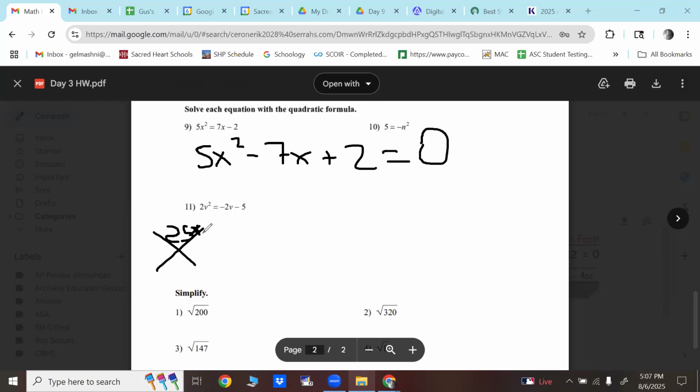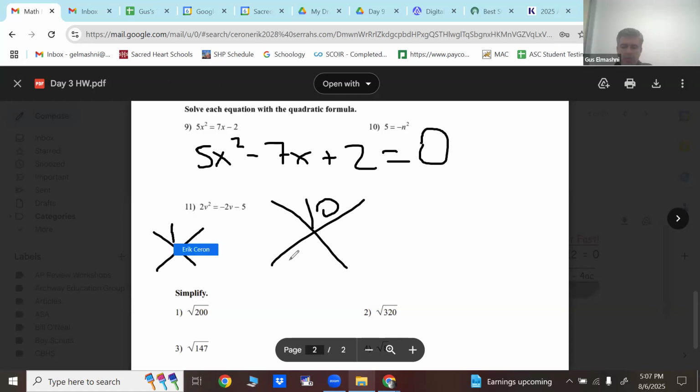Does that work? You want to put 10x up top. So 10 up top.